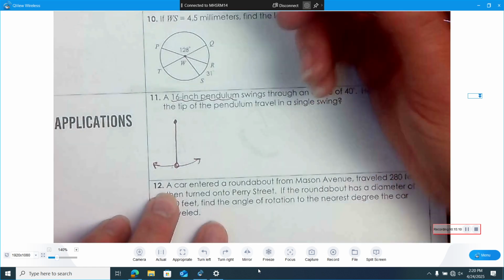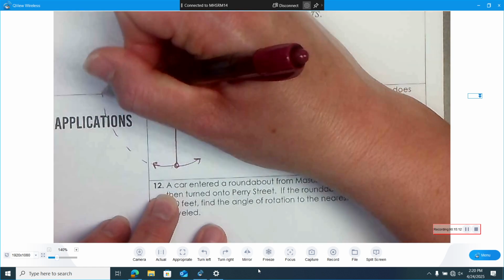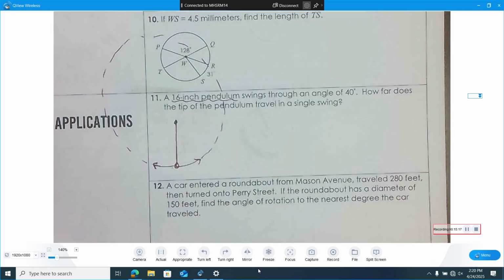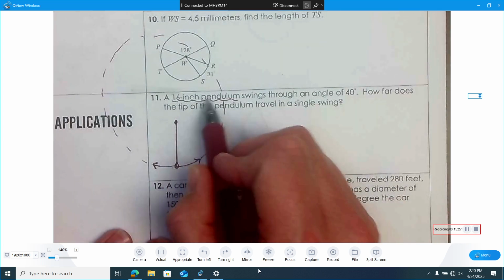But it is a small piece of a much larger circle. Okay, so you imagine that we have this pendulum. It could swing all the way around, but it's impaired by gravity, so it just stays low, okay?